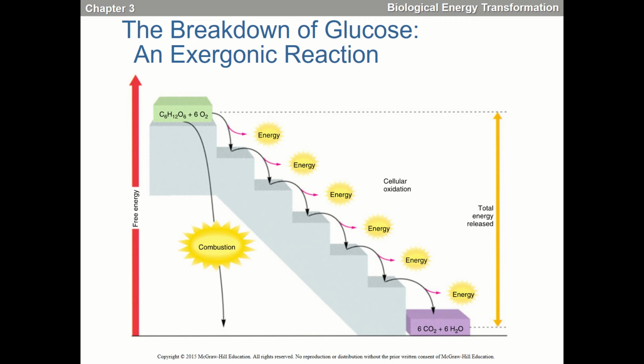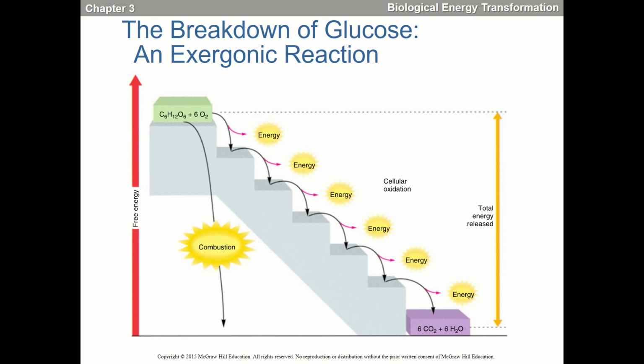We breathe, and on the tail end of it we get 6 carbon dioxides and 6 waters. Along the way, we're taking chemical energy from the glucose. That chemical energy is being transformed, this whole bioenergetic idea, into mechanical energy, and in our case, muscle contractions. That's really what we're the most concerned about.